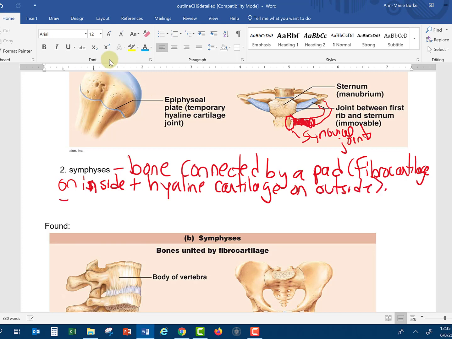These joints are amphiarthrotic. That means they allow a little bit of movement, and they're really designed for strength and flexibility.